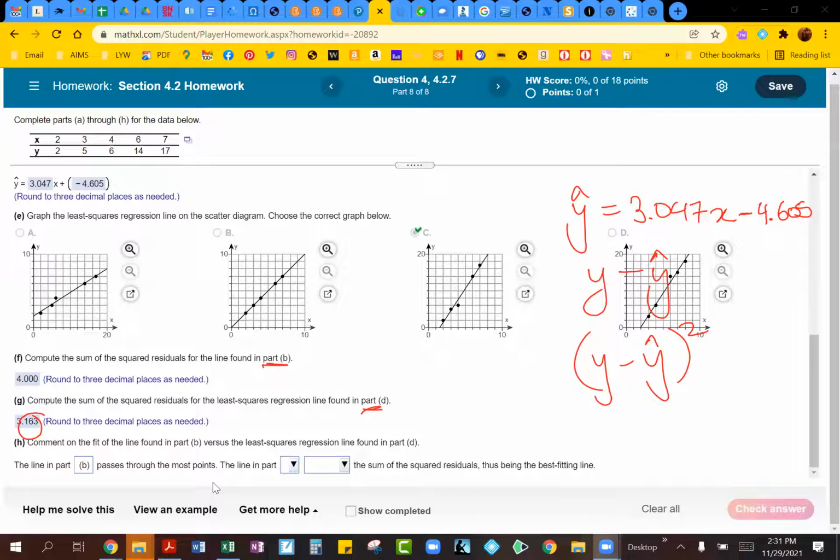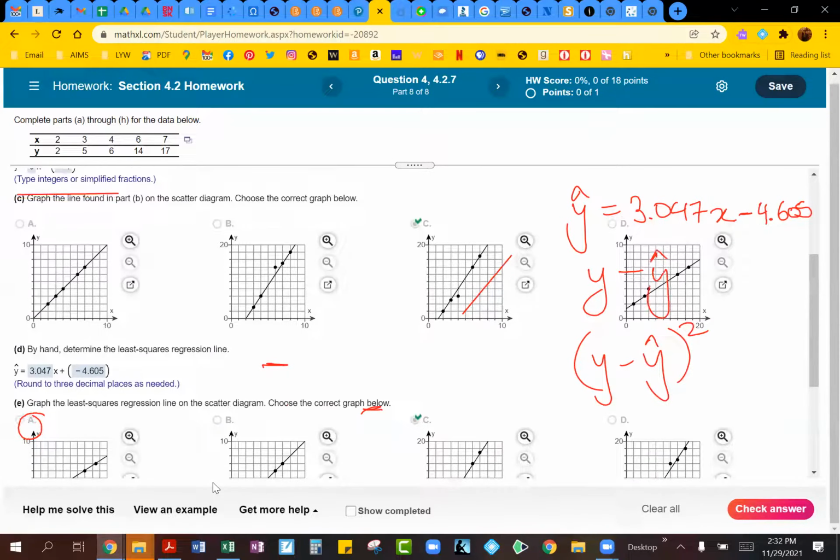So we will say the line in part D minimizes the sum of the squared residuals, because again, this is the smaller number from part D that we calculated. So that means this line that we got from here, which is this line you see over here, is a better fit than the line we got from this part over here.